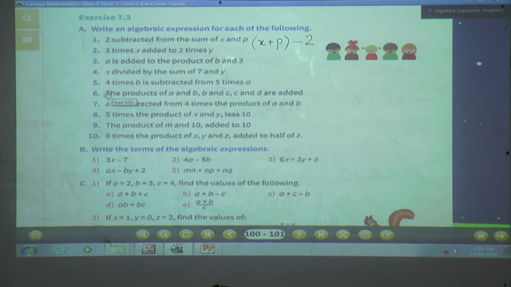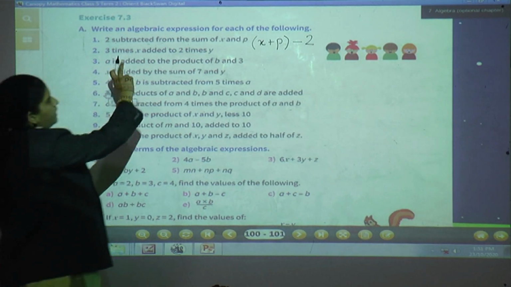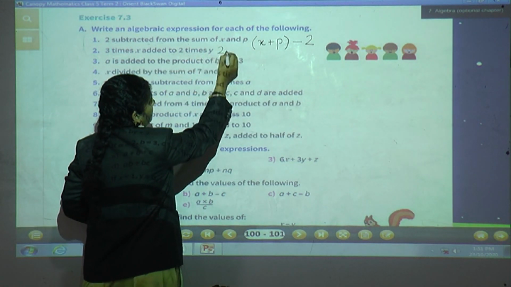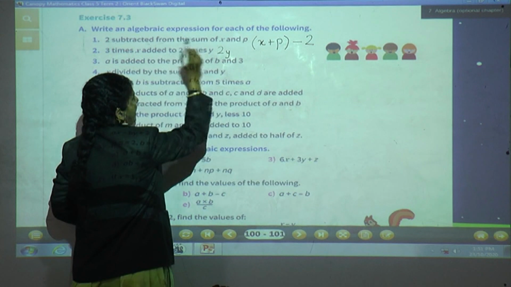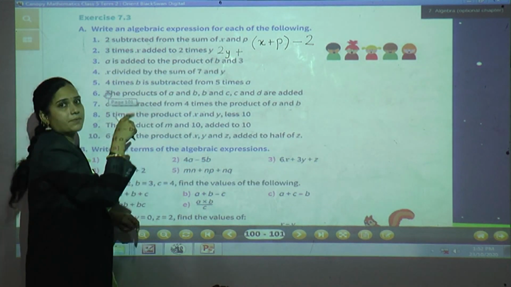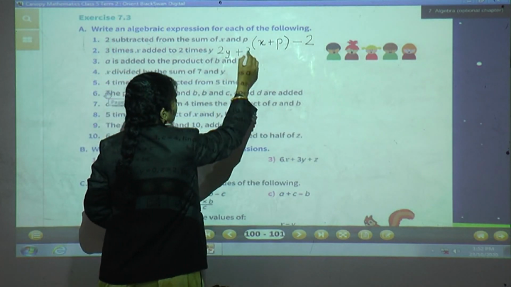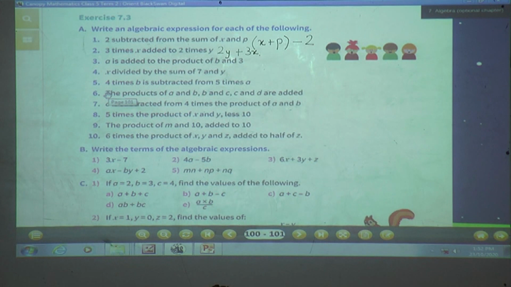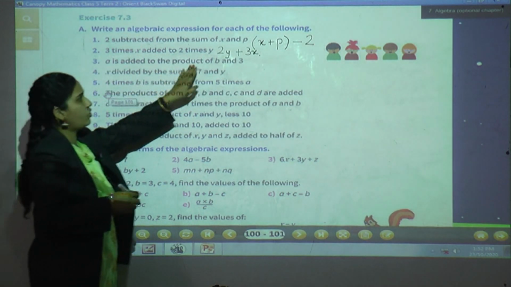Write in your textbook. Again, the second one: 3 times x added to 2 times xy. So here what will come, students? 3 times x added to 2 times xy. 2 times y means 2y, and added means addition. What have we added? 3 times x, that means 3x. Okay, now the third one: a is added to the product of b and 3.